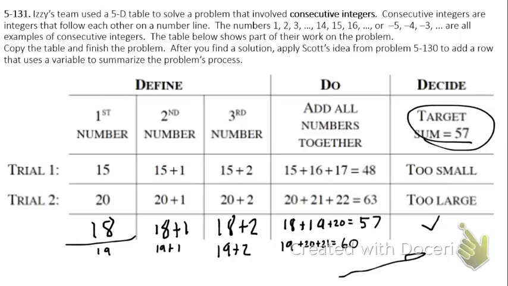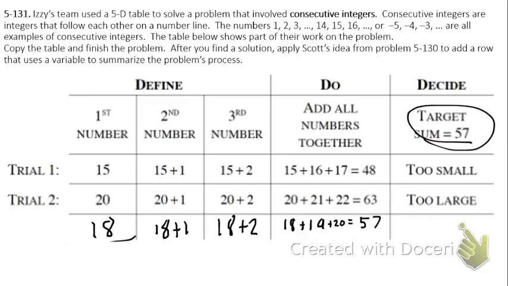Okay, now, next thing we want to do is to add in that section for variables that they were talking about. So we've got our section for our guesses of 18. Now let's just go ahead and say the first number is this value of x.